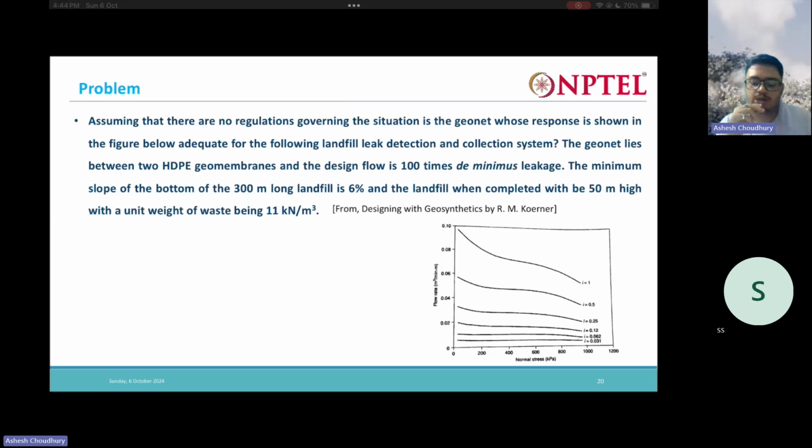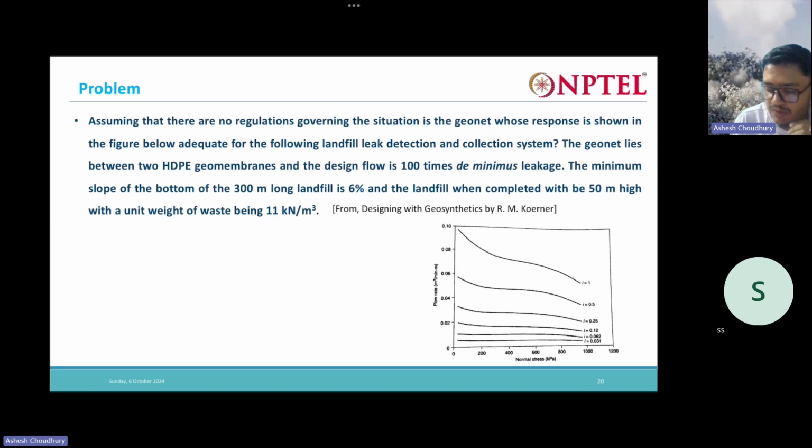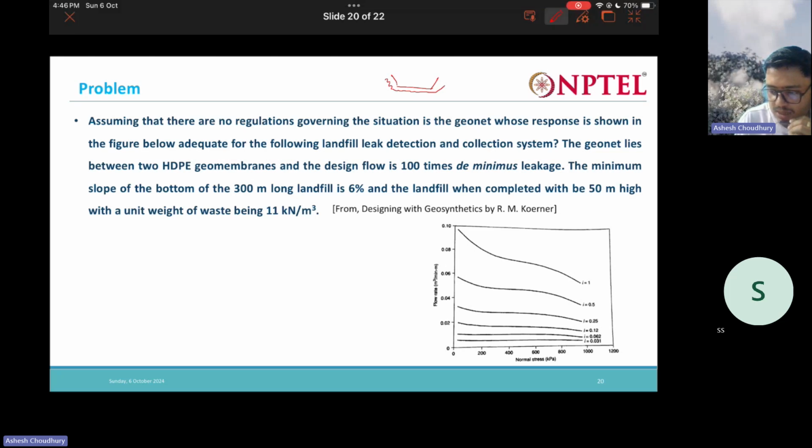Okay, so in this case we have a similar landfill. First a geomembrane is there, then we have a geonet that is placed like this, and again we have one geomembrane. So like this the complete thickness of the landfill is formed.